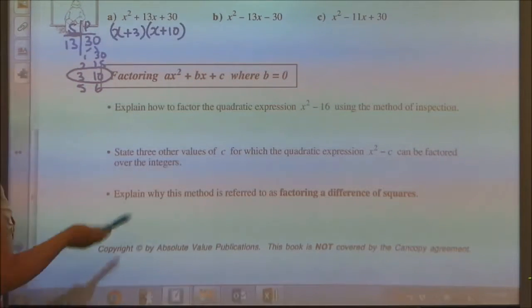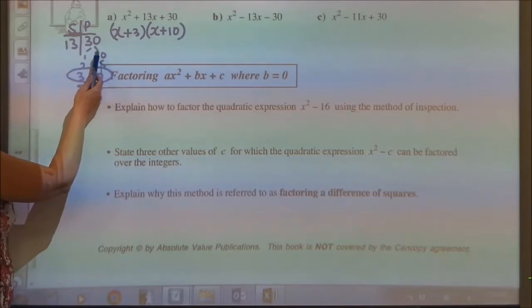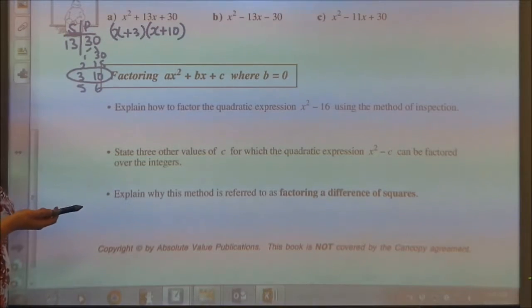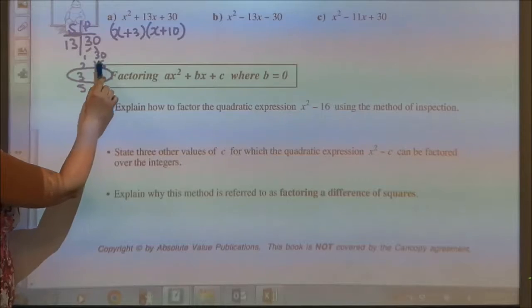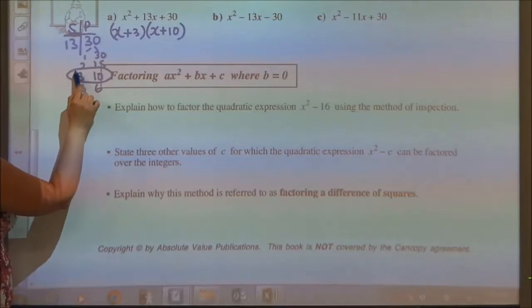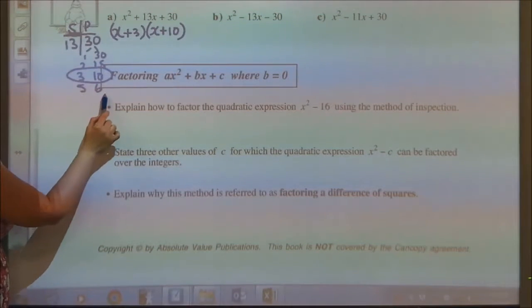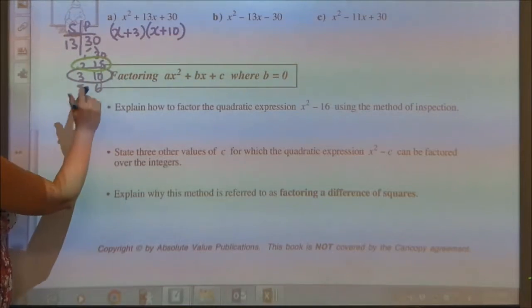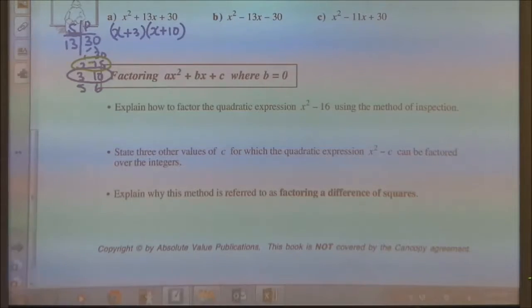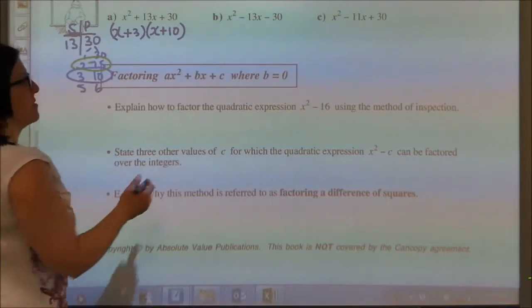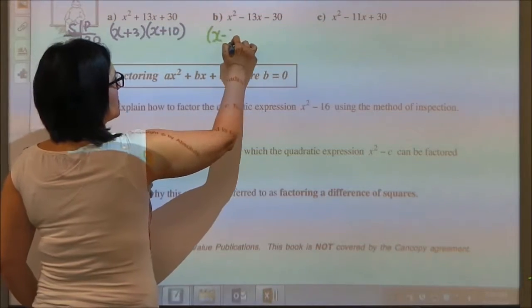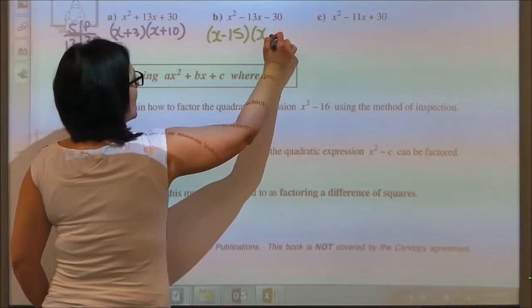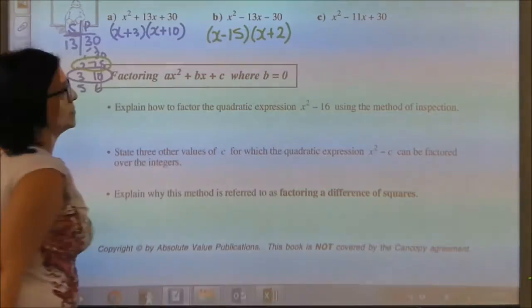So when I go to combine these, if I have a positive and a negative, I'm finding the difference between them. So the difference is 29, 13, 7, and 1. So 13 is the one that I want. To make it a negative 13, I make this a negative 15. So I get x minus 15 and x plus 2.